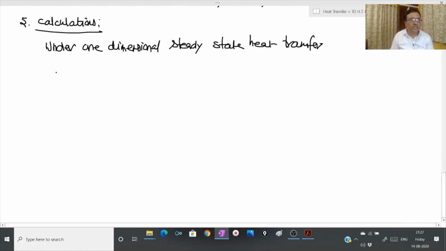So how can I sum up this? Rate of heat transfer will be equal to rate of heat transfer from steam to the inner surface of the steam pipe, equal to that from inner surface to the outer surface of the steam pipe, equal to outer surface of the steam pipe to the outer surface of asbestos insulation, equal to the rate of heat transfer from outer surface of the asbestos insulation to the outer surface of magnesia insulation, equal to the rate of heat transfer from outer surface of the magnesia insulation to the cold air.